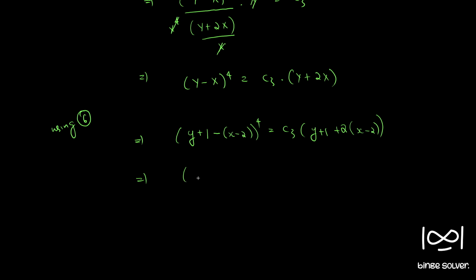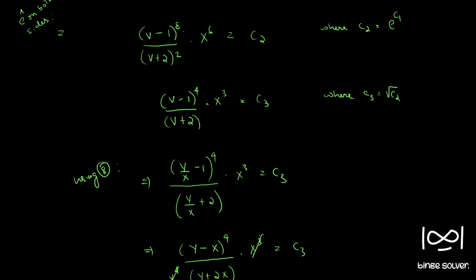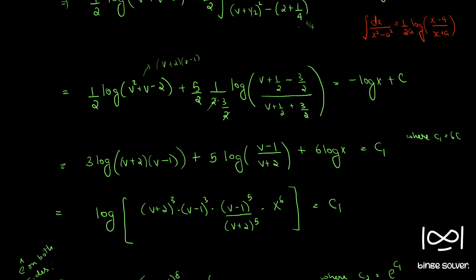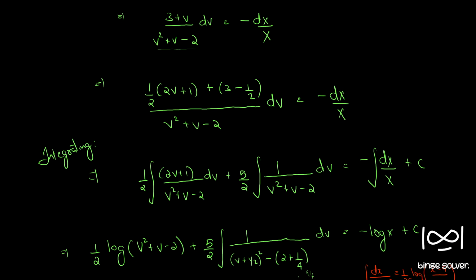So we have (y minus x, 1 minus minus 2 is plus 3) raised to 4 is equal to c3 into (y plus 2x, 1 minus 4 is minus 3). So the final answer is (y minus x plus 3) raised to 4 is equal to a constant into (2x plus y minus 3). So this is the solution to question number 144, and these are the steps to the solution.